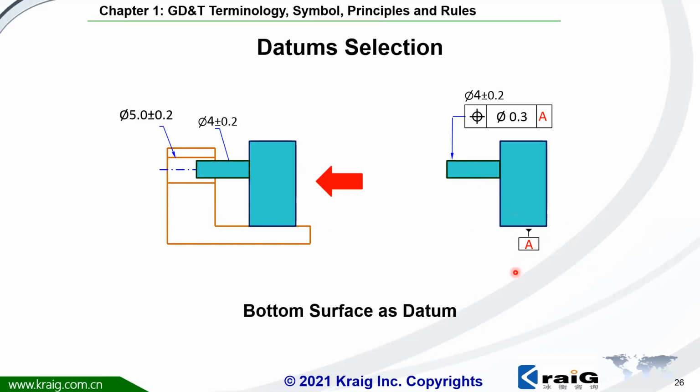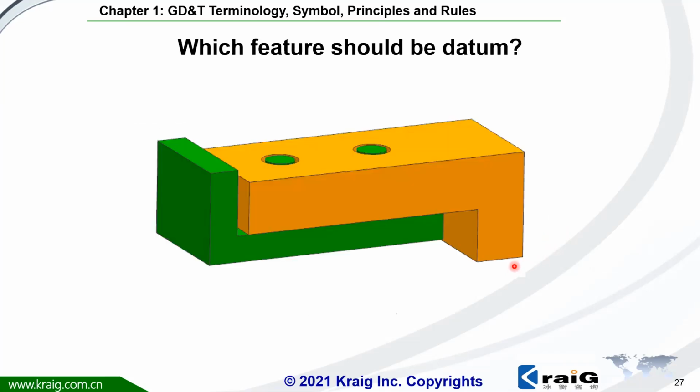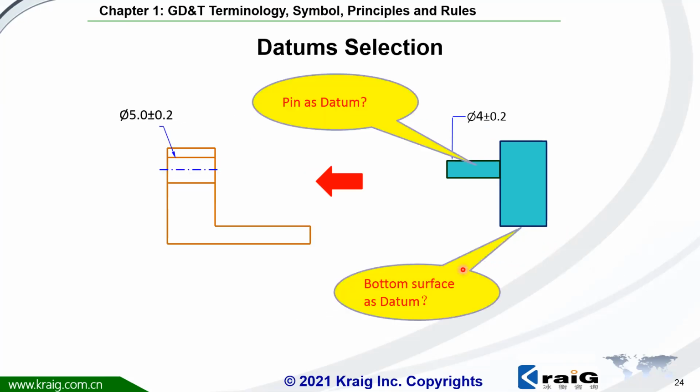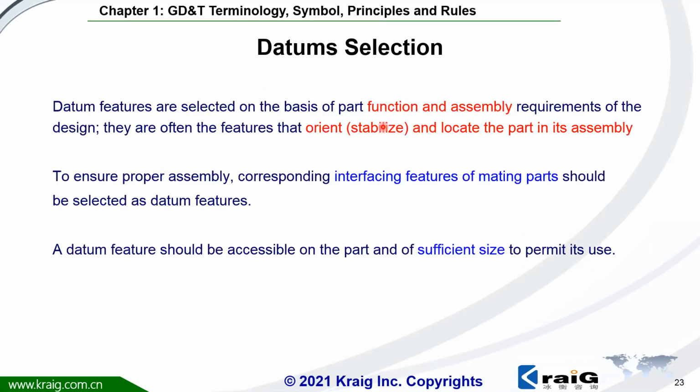Which feature supposed to be used as a datum is decided by the function of the parts. This is exactly what we mentioned here. On the basis of the function and assembly, we could select which feature to be as a datum. Datum features are selected on the basis of a part function and assembly.